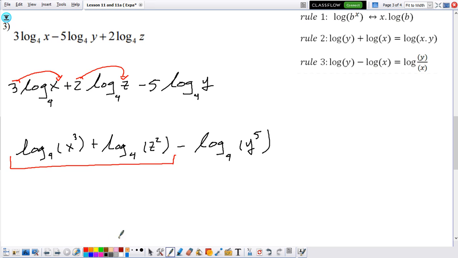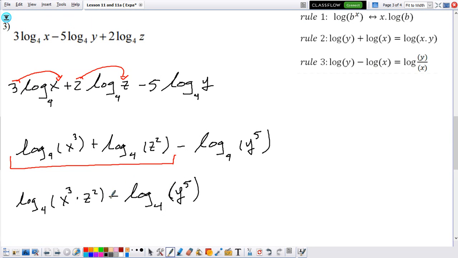So that says that if I want to condense these two logarithms, it's addition. So the rule says that if you're adding, you multiply the insides. So for the first two, I'm just going to rewrite this as x to the third times z to the second. I'm just going to rewrite that negative. So minus log base 4 of y to the fifth.